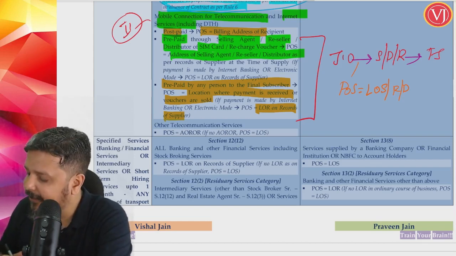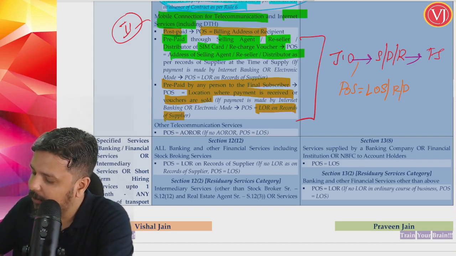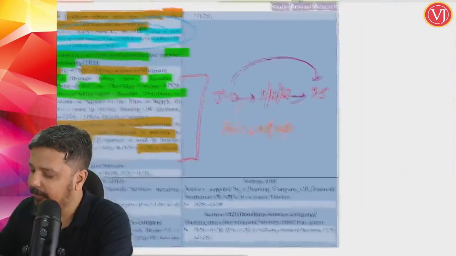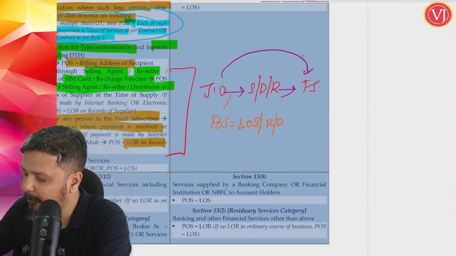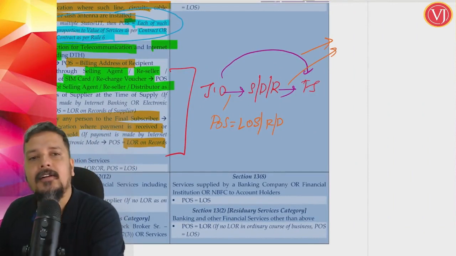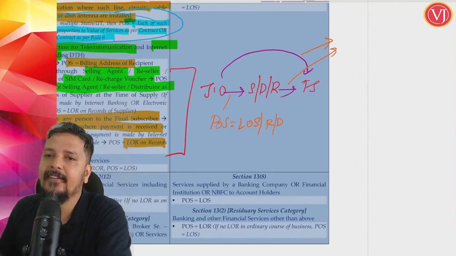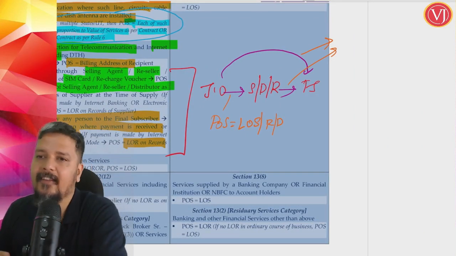But there is a second possibility where you are talking about Jio directly to the final subscriber, or selling agent, reseller, distributor to the final subscriber.